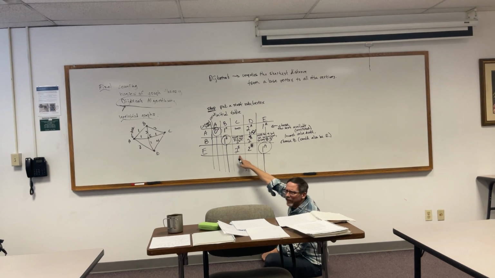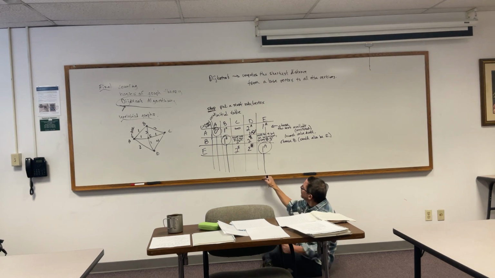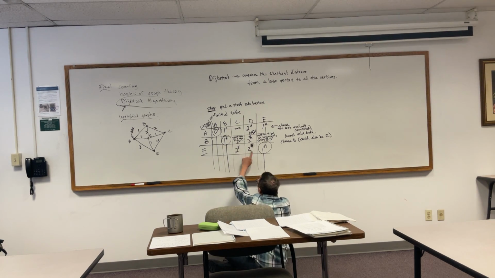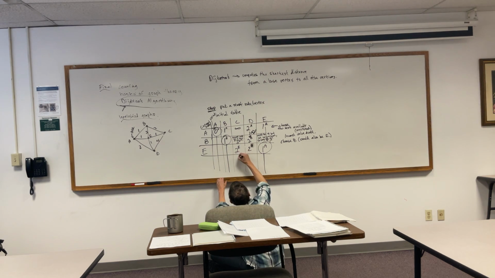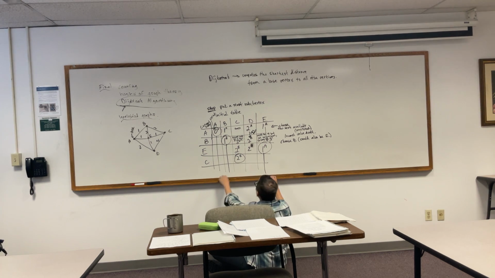Let's just go with C because it's next in line. So we have 2 and 2, let's pick this, bring it down. So I'm gonna say C is my next node. Keeping that subscript unless I update, but I'm not updating when I carry these things down. So I've only got one more piece of work to do. I have to find the distance from C to D, and that is 4 units.